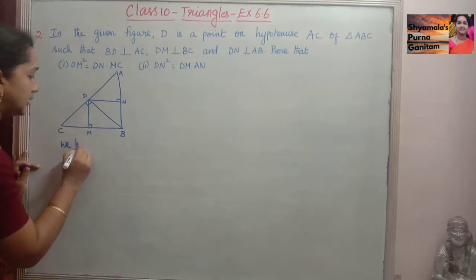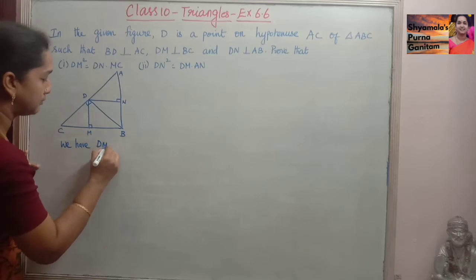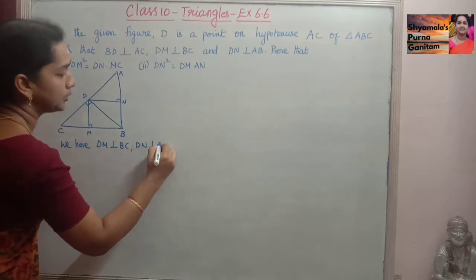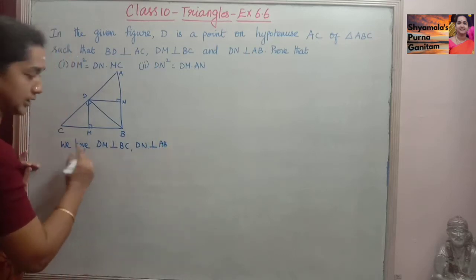We have DM perpendicular to BC, DN perpendicular to AB. This is given in the question.